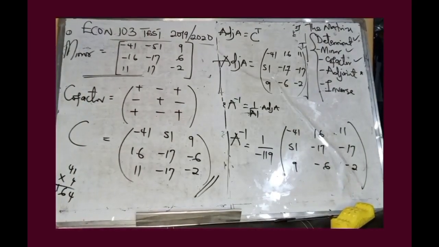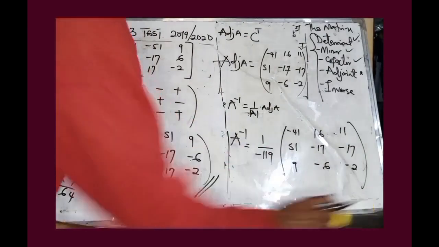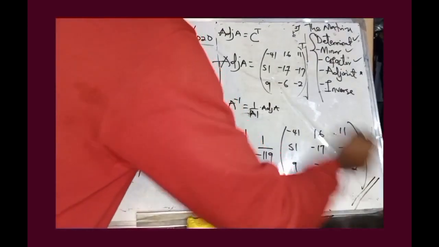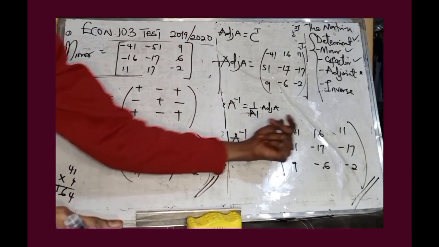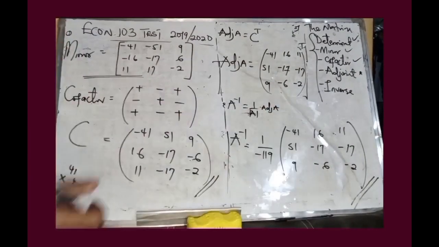So we can just stop here, or if you still want to go further, you can use the determinant to multiply each element in the bracket.